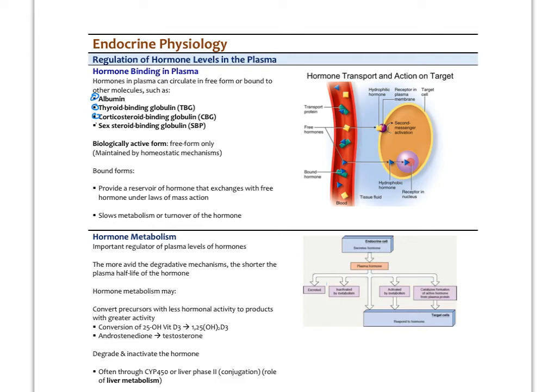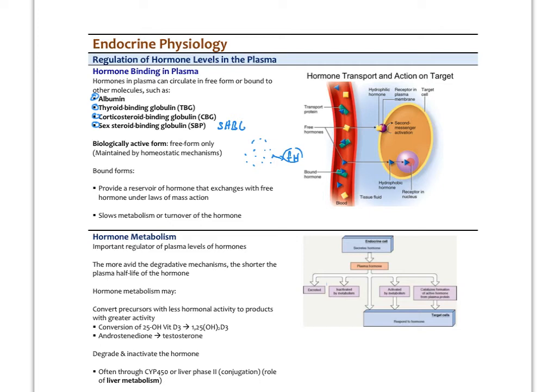Sex steroid binding globulin binds estrogen and testosterone, and that's actually sex hormone binding globulin. And the hormone bound to that, so if we have all this bound up hormone, it actually serves as a reservoir, sort of a pool, and then a little bit of that diffuses into the free hormone, and that gets into the tissue. So usually like 98, 99% of a hormone is bound, and only 1 or 2% is free in the tissues.